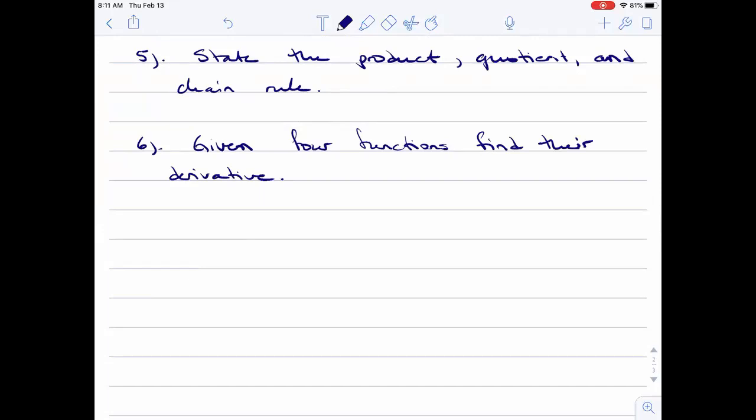You could use the limit definition of the derivative, but it's going to be pretty nasty, so you'll definitely want to use the differentiation rules. And that's test 2.